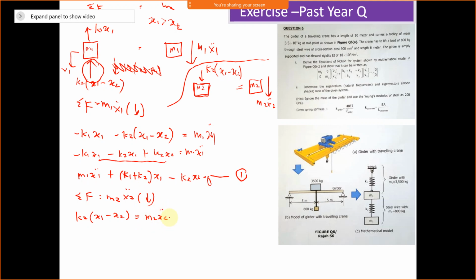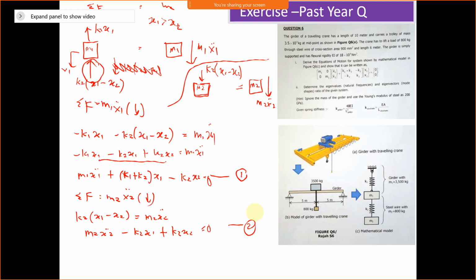Okay, then expand, kita akan ada M2 X double dot 2 minus K2 X1 plus K2 X2 equals to 0. Okay, is that clear?